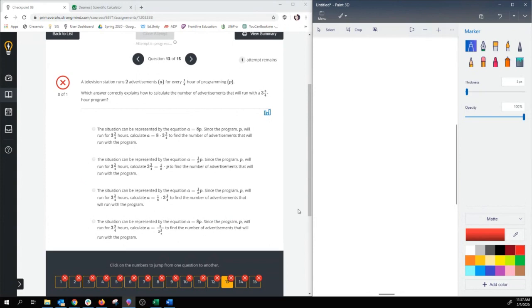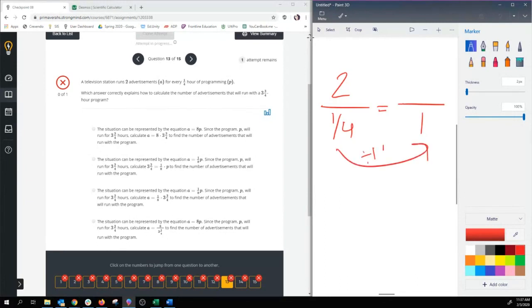All right. So I think our first step here is going to be to figure out the unit rate. I think that's our best bet. So there's 2 advertisements for every 1/4 of an hour, right? So if I want to know how many total advertisements there's going to be for 1 hour, I'm going to divide top and bottom by 1/4.